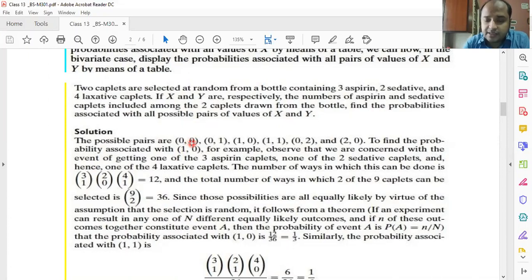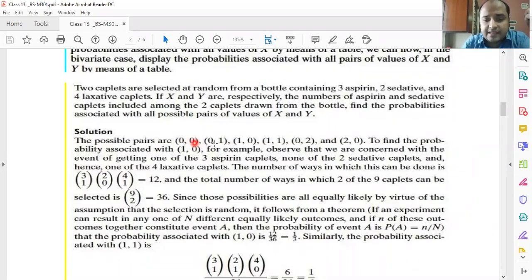It tells you that capital X, the number of aspirin, and capital Y, the number of sedative caplets, are both 0. It means you have chosen 2 caplets from your basket, but neither of them is aspirin nor sedative. So the number of aspirins chosen is 0, and the number of sedative caplets chosen is 0.